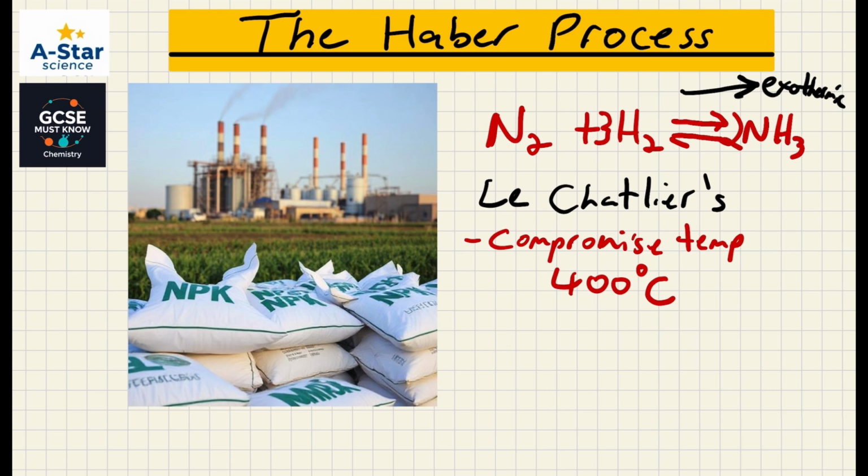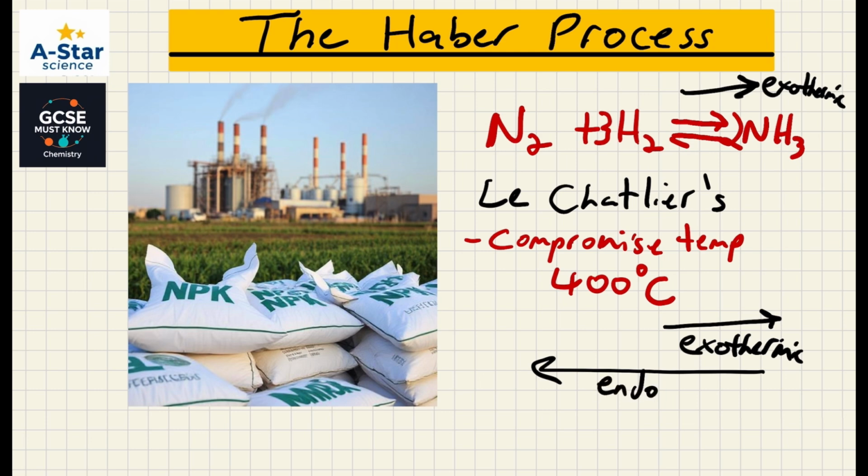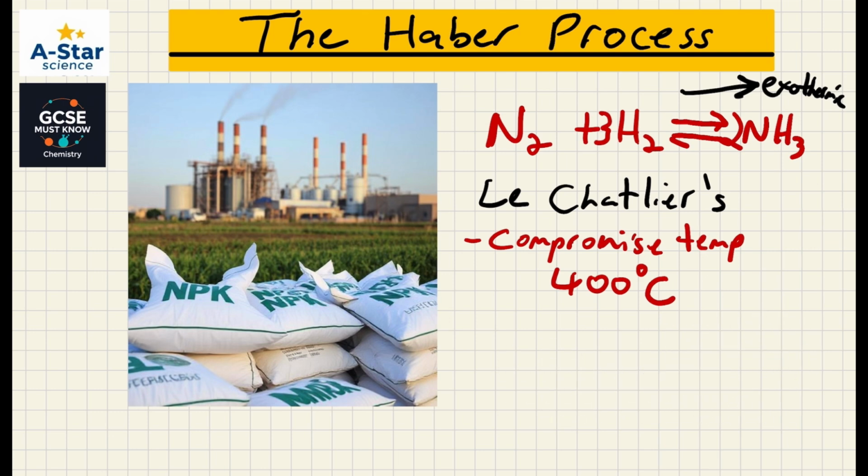Remind yourself that if the forward reaction is exothermic, if I do heat this reaction up, it's going to drive it the opposite way towards the endothermic side. And that's not what we want. We want to drive it towards the right-hand side because that's going to increase the yield of ammonia, which is our desired product.